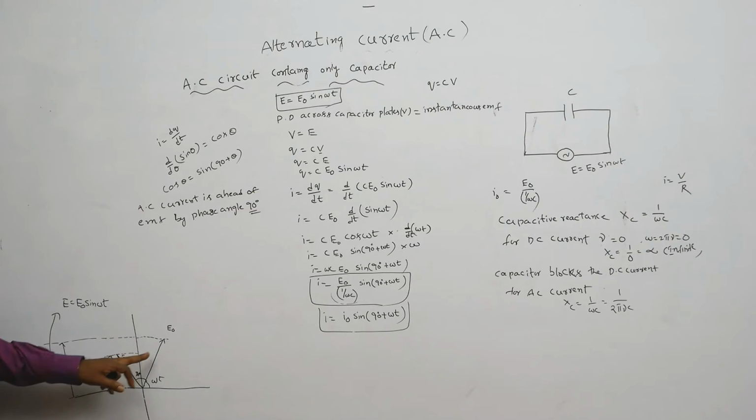The projections drawn to the y-axis of the current phasor and the EMF phasor give the lengths. This is the instantaneous EMF, and this is the instantaneous current. Let's see the curves.